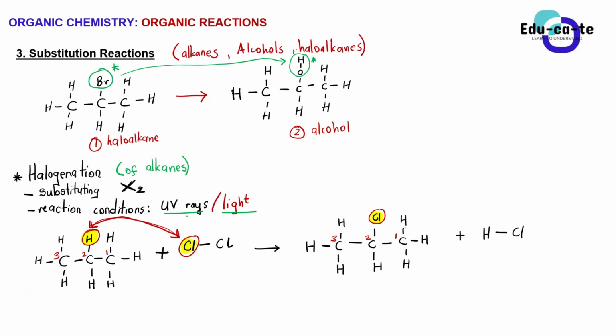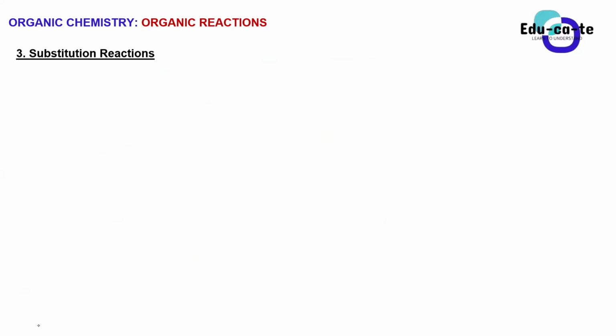You can choose to exchange with something else. Let's say you want to do another type of substitution reaction. Let's say maybe you want to do hydration, but we don't call it hydration anymore. When we are substituting water, we call it hydrolysis.